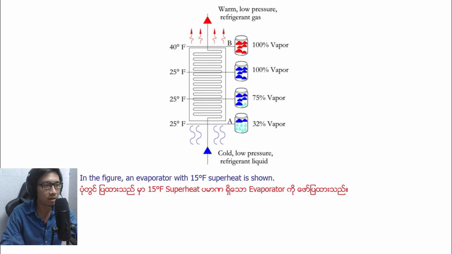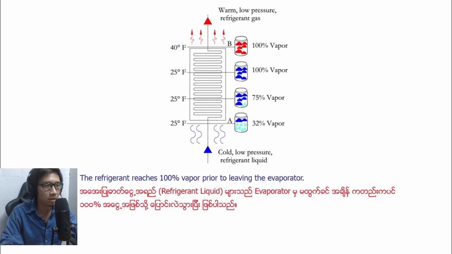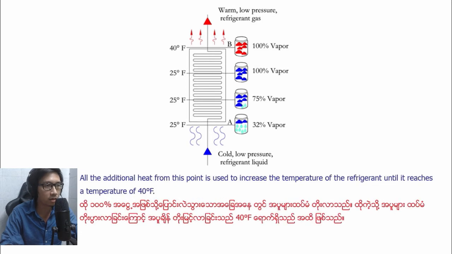In the figure, an evaporator with 15 degrees Fahrenheit superheat is shown. The refrigerant reached 100% vapor prior to leaving the evaporator. All the additional heat from this point is used to increase the temperature of the refrigerant, and it reached a temperature of 40 degrees Fahrenheit.